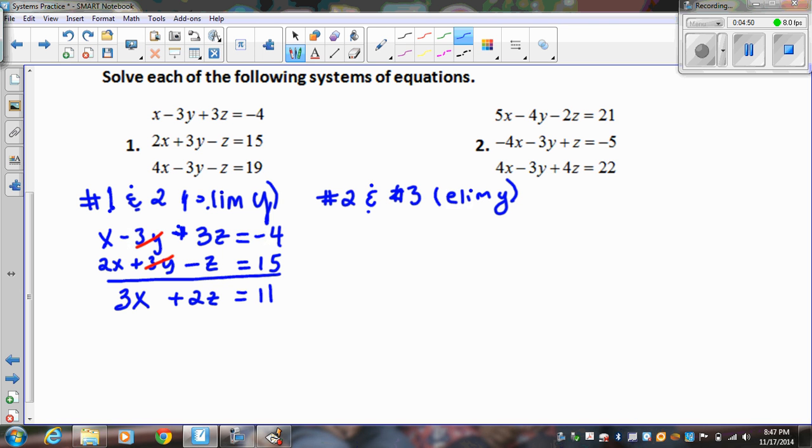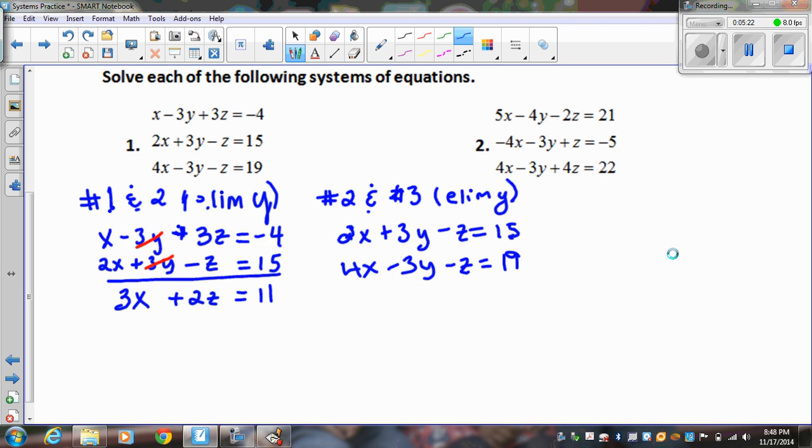So we have 2x plus 3y minus z equals 15. And we also have 4x minus 3y minus z equals 19.